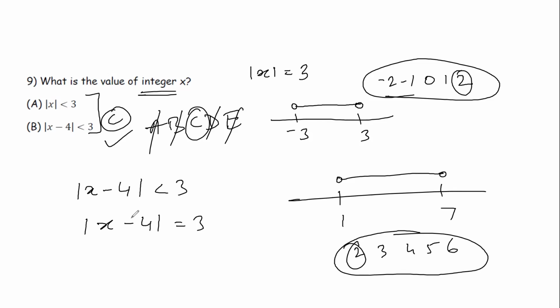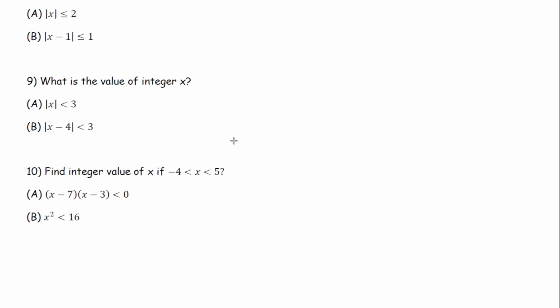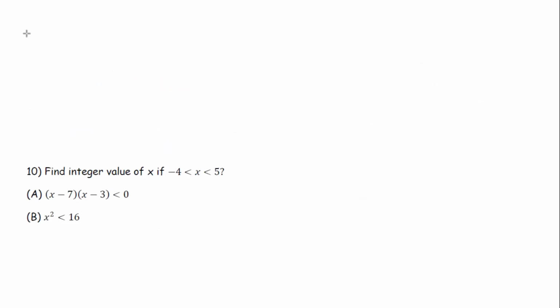And finally, the last question. Find the integer value of x if -4 less than x is less than 5. From the first statement, we know that x is either 7 or x is 3, but that is when we equate it to 0.